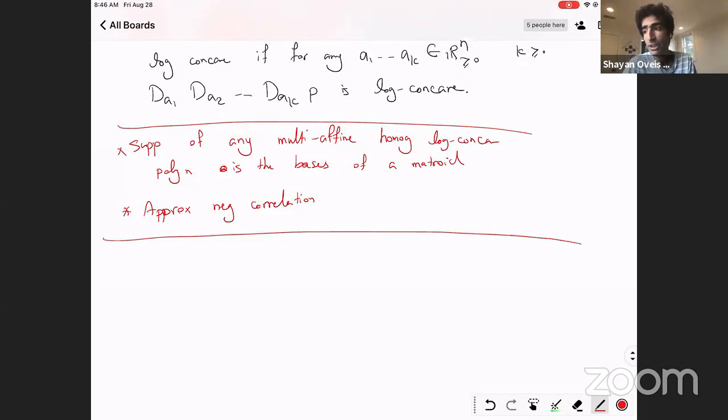If you want the uniform constant coefficient, like coefficient of 1, we know more. You basically need the matroid to be negatively correlated. So that's a much more limited class of matroids.